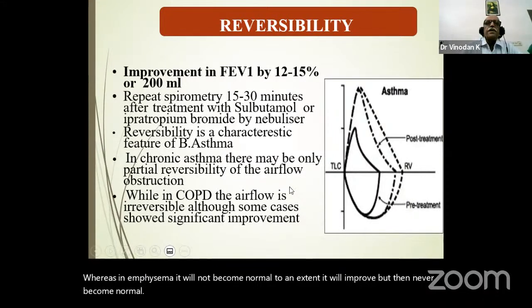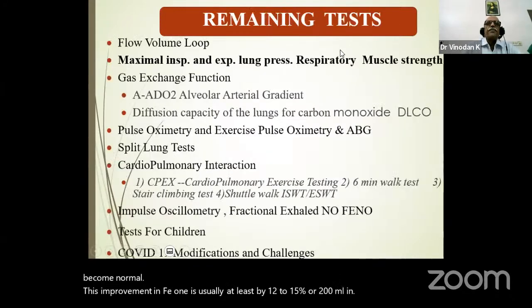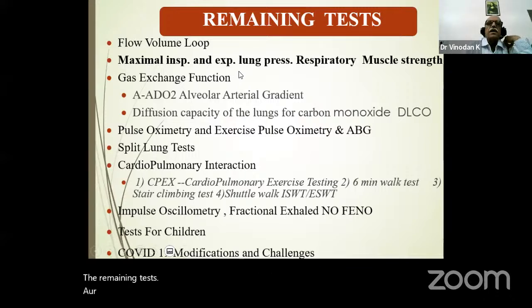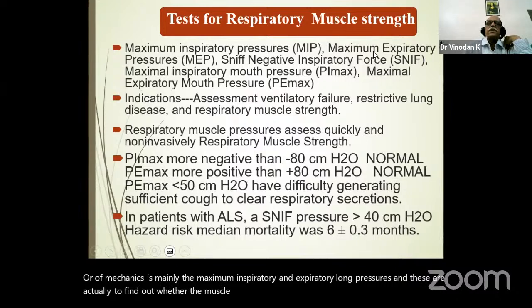This improvement in FEV1 is usually at least 12 to 15% or 200 ml in asthma. The remaining tests of mechanics are mainly the maximum inspiratory and expiratory pressures, and these are to find out whether the muscle strength for respiration is adequate.